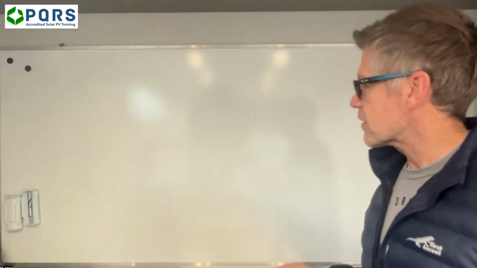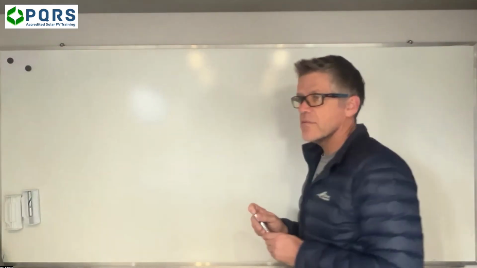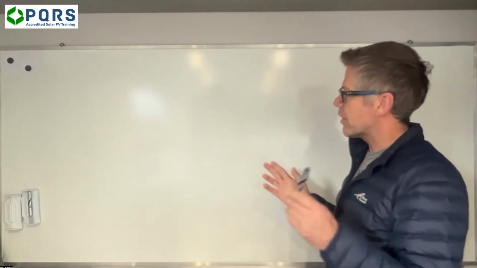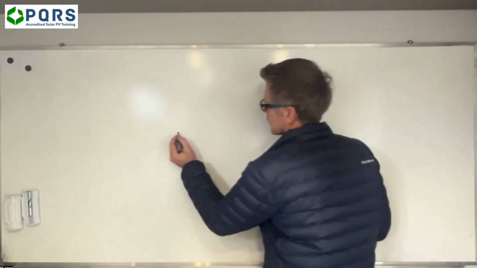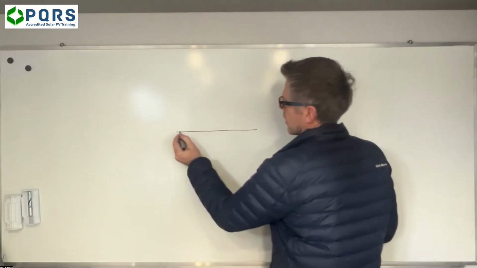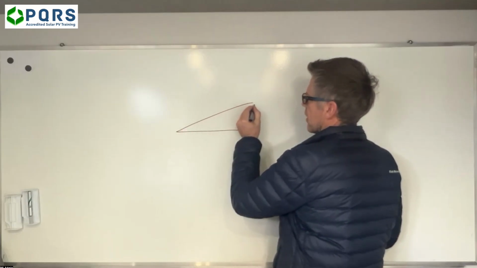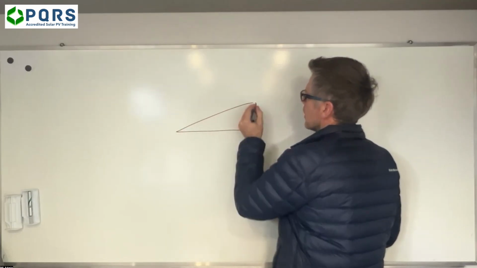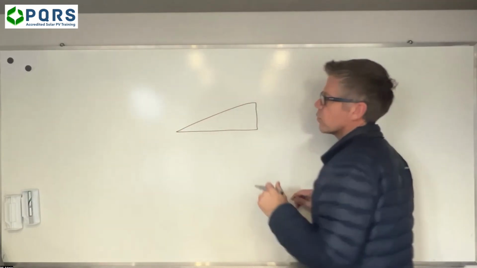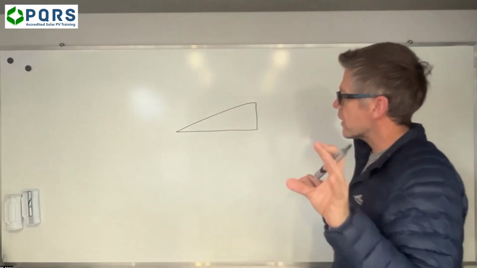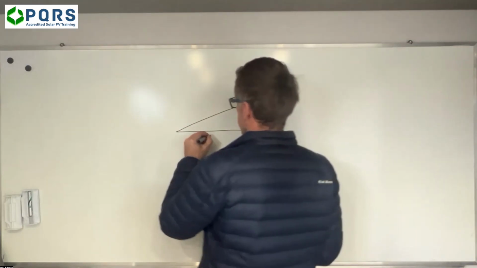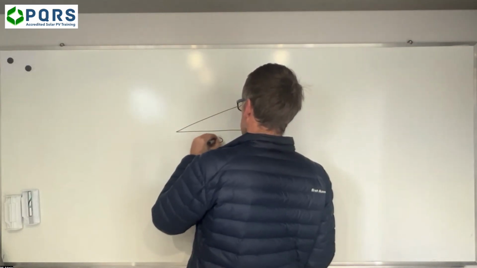The power factor, the kilowatt, and the kVA can be represented by a triangle. If we look at what we had on the graph, we had about 20 kilowatts.